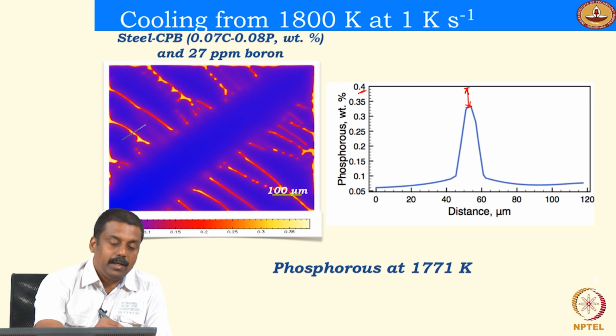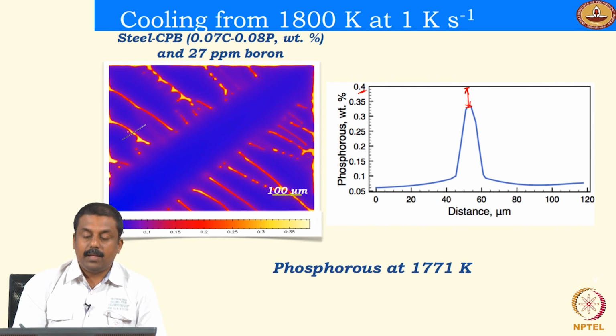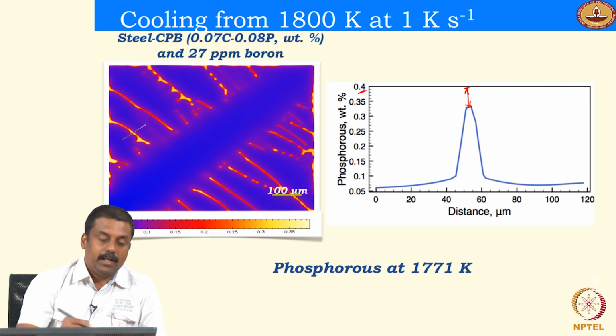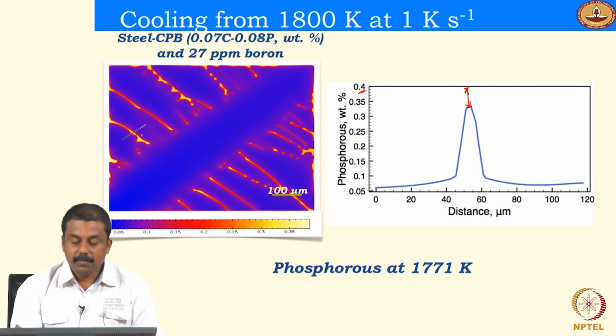Once you have the segregation of boron at the boundaries, it subsequently stops the phosphorus atoms coming to the boundaries. Therefore, adding boron can positively influence the segregation behavior in our favor, where it can reduce the phosphorus segregation at the solid-liquid interface, and subsequently the grain boundary segregation of phosphorus can be decreased significantly.